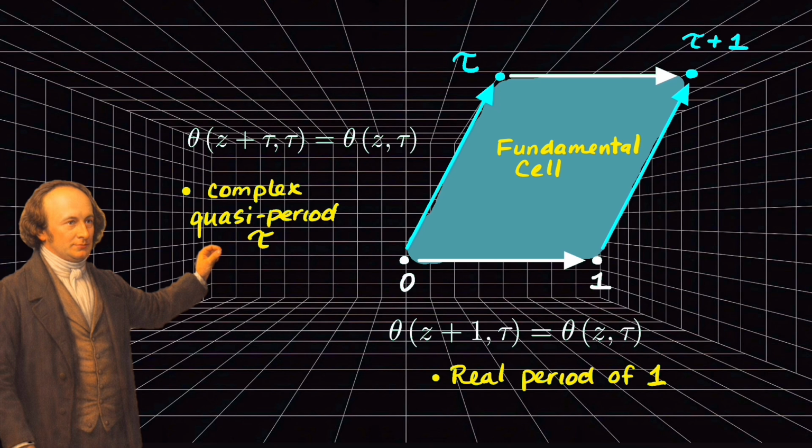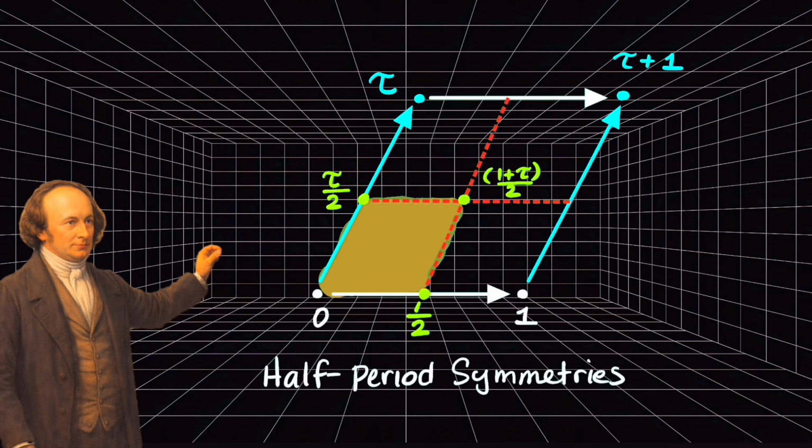So we will discover that Jacobi learned that his theta function in the real direction has a period of 1, and is quasi-periodic in a complex direction, which we will denote as tau. These two vectors create a parallelogram, which we will call the fundamental cell or the fundamental domain.